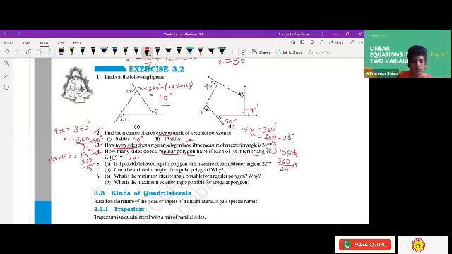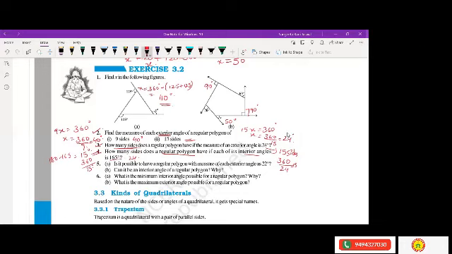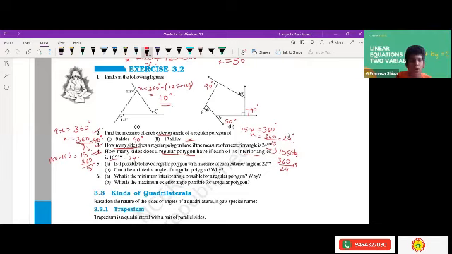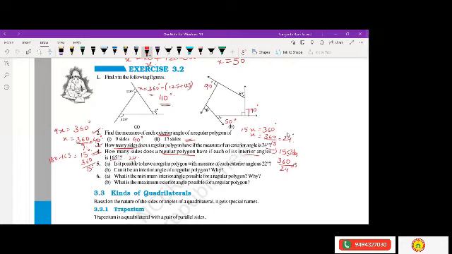No? Why? Because a polygon has... Look here. If the interior angle is 165, all angles in this polygon are equal. Okay, it's a regular polygon.